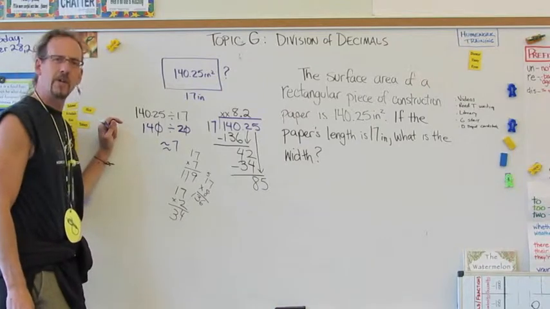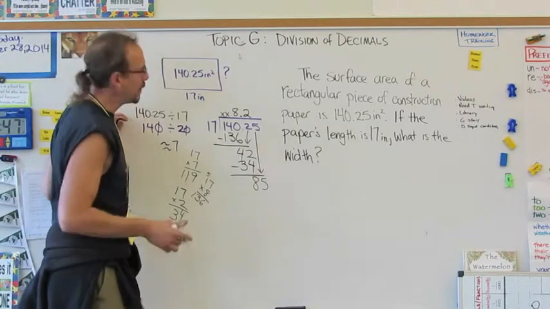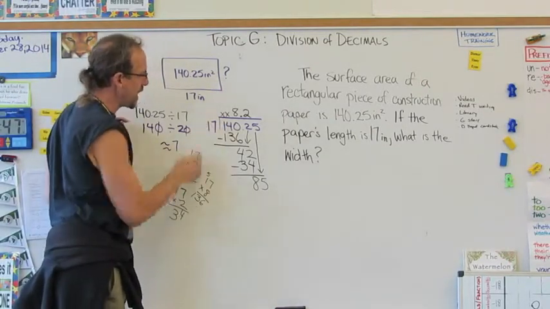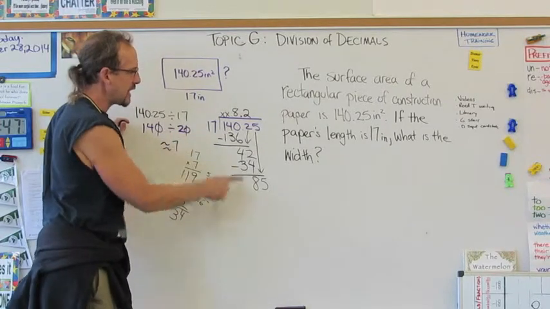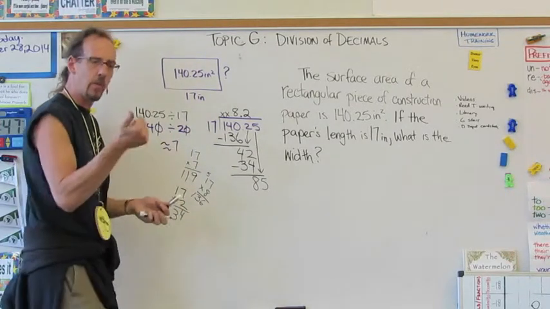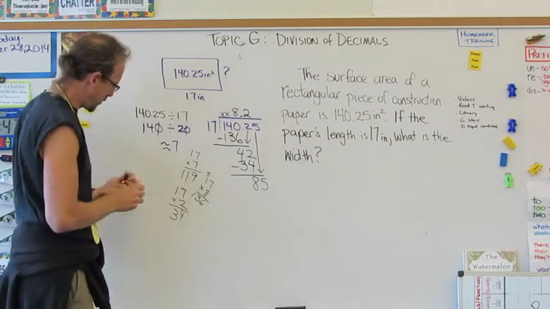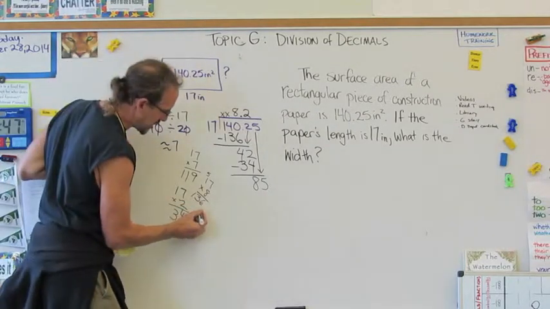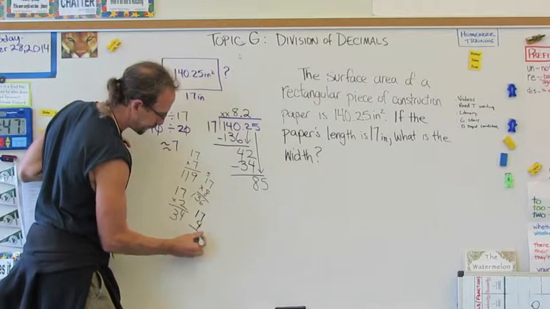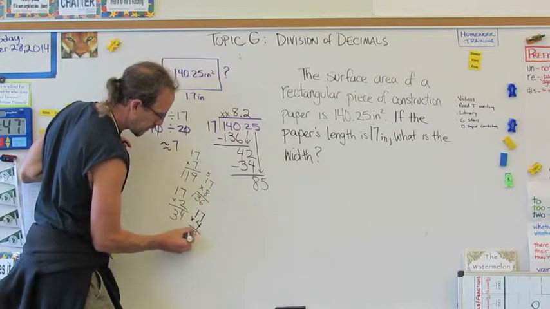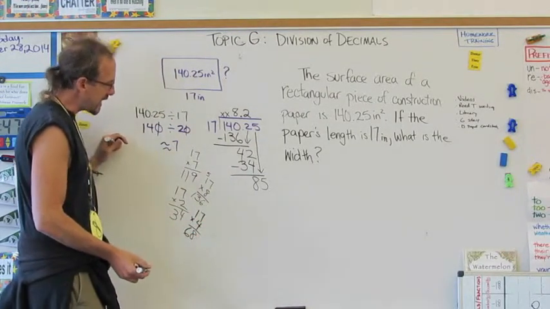How many 17s go into 85? I don't know. So I'm going to round this off again to 20 and think how many 20s go into 85? 20, 40, 60, 80. 4 of them do. Let's try 17 times 4. That's 68.